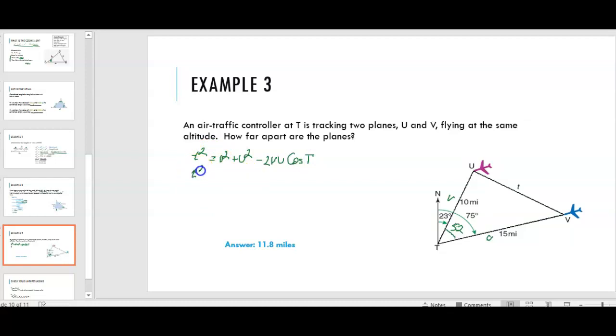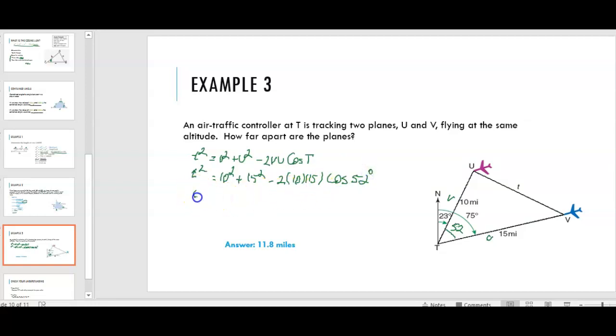t squared equals v is 10 miles, so 10 squared plus 15 squared minus 2 multiplying 10 multiplying 15 multiplying cosine of 52 degrees.